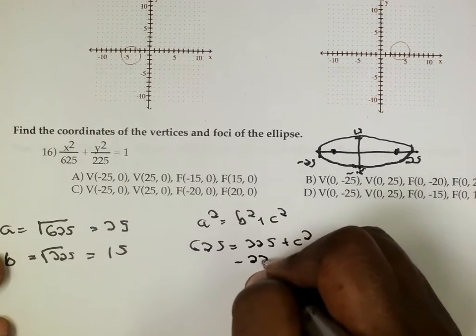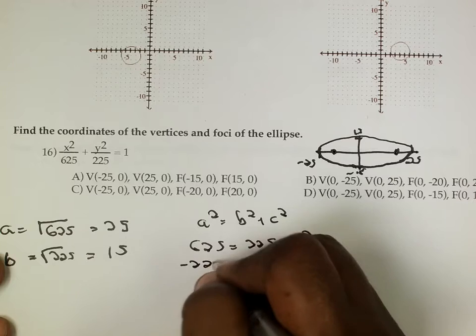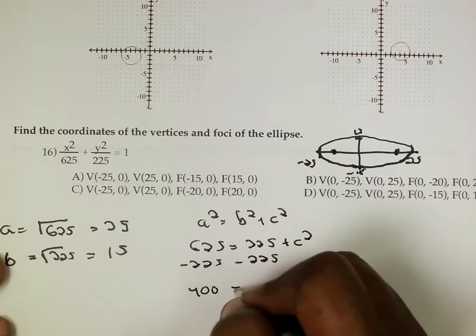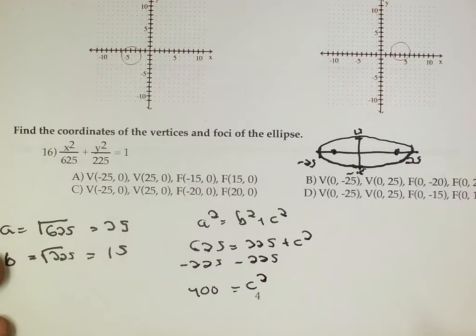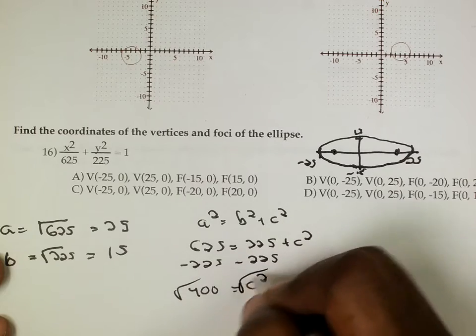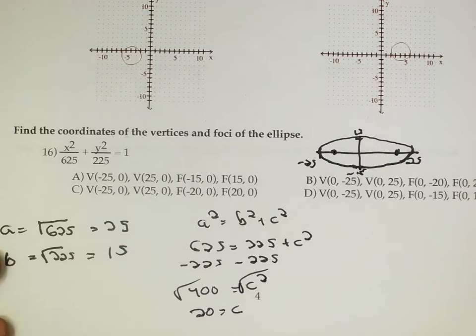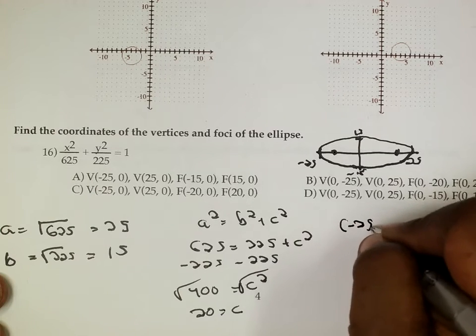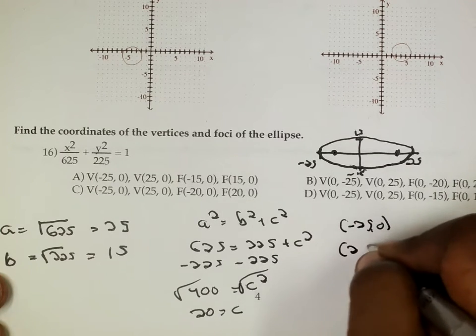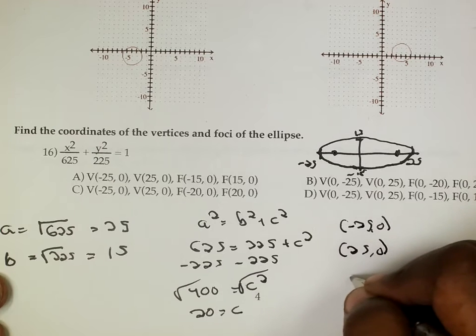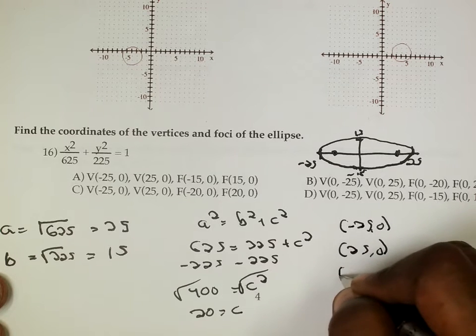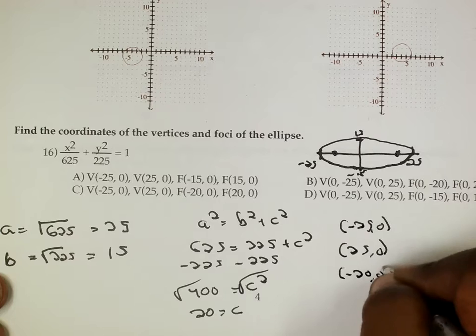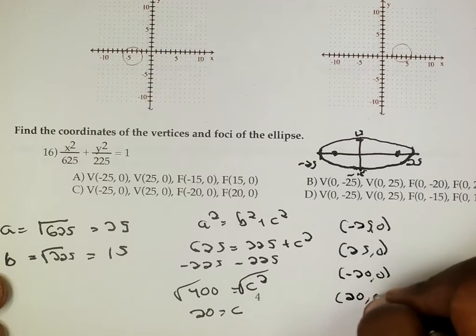So I'm just going to subtract 225, and I get 400 as c squared, and then take the square root. So I get 20 as c. So my vertices were at negative 25, 0, and 25, 0. And my foci are at negative 20, 0, and 20, 0.